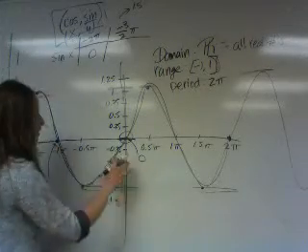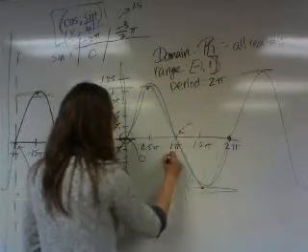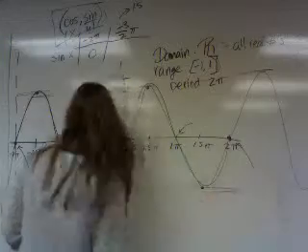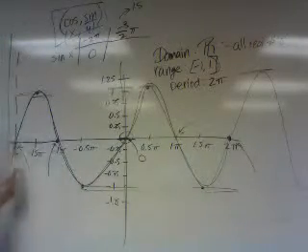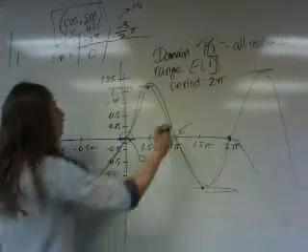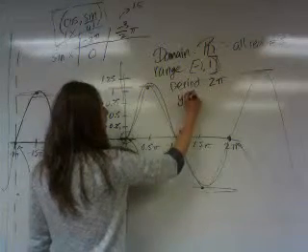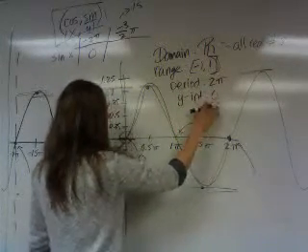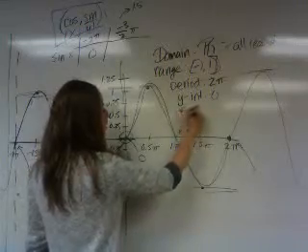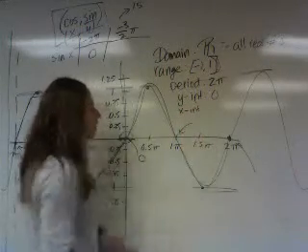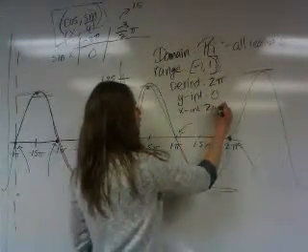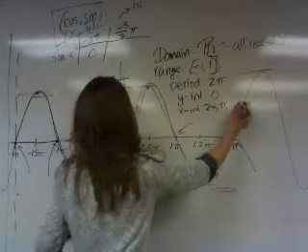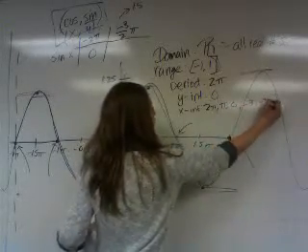So 0 is one of them, but it also crosses at pi, at 2 pi, at negative pi, and at negative 2 pi. For my sine wave, the y-intercept is one value, it's 0, but for the x-intercept I have multiple values: 2 pi, pi, 0, negative pi, negative 2 pi.